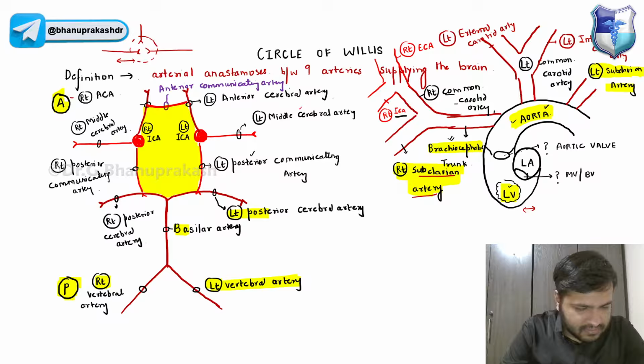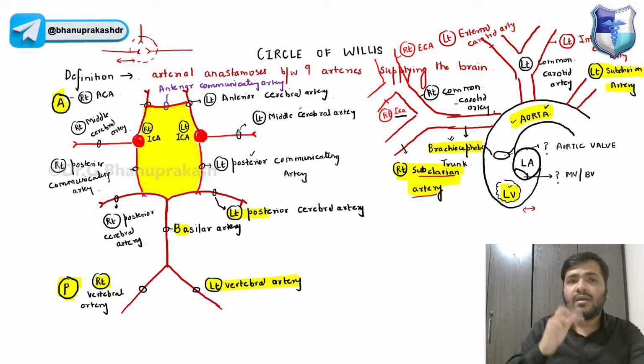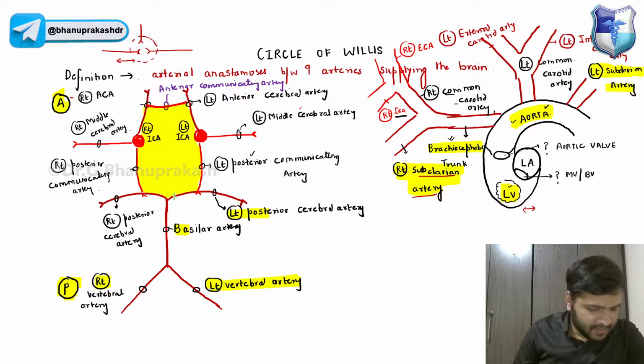Come on, tell me. Now guys, you already know that if I trace the path, we have the basilar artery, obviously the middle cerebral artery. Very good, beta.